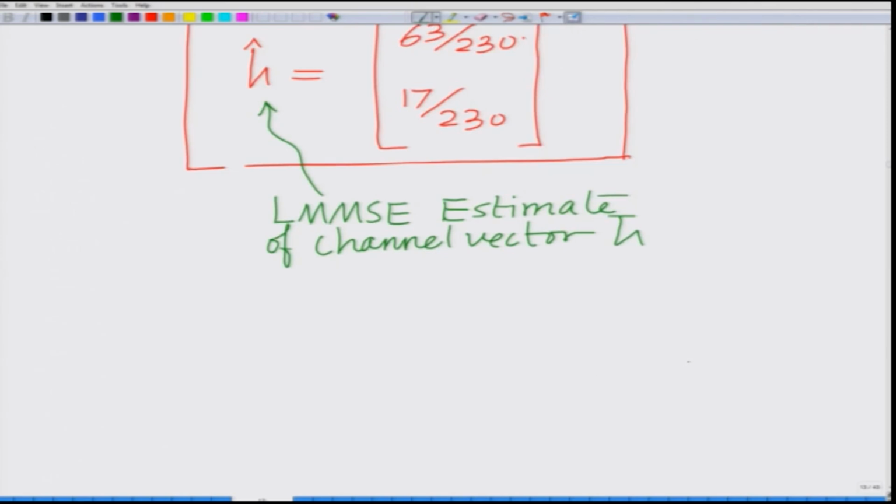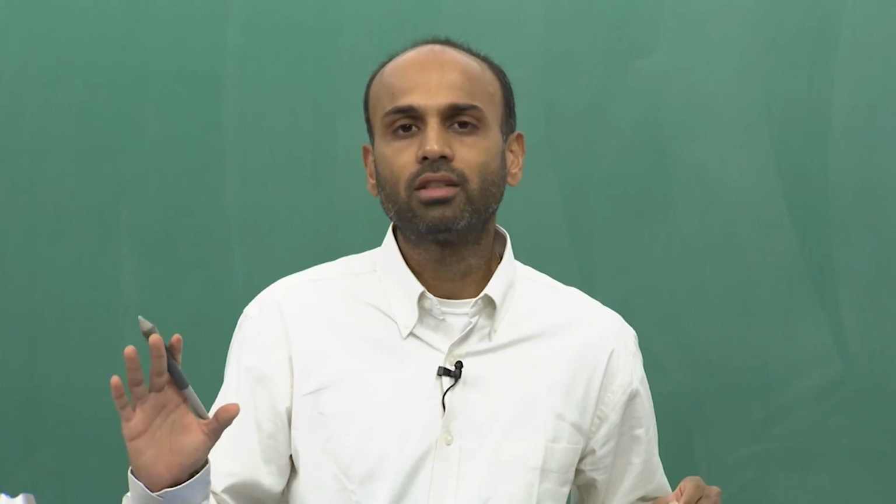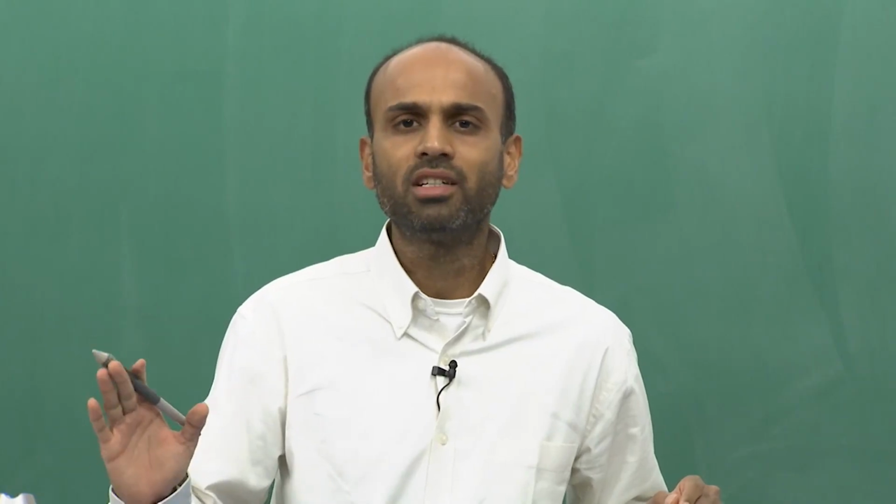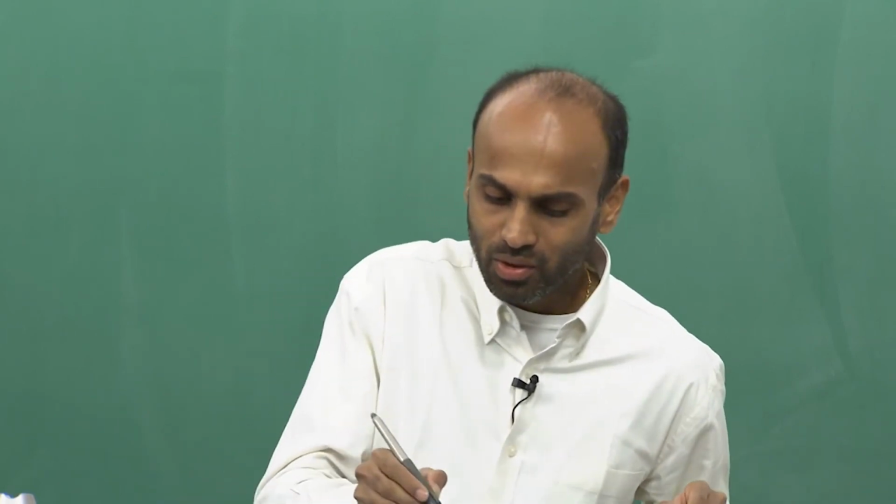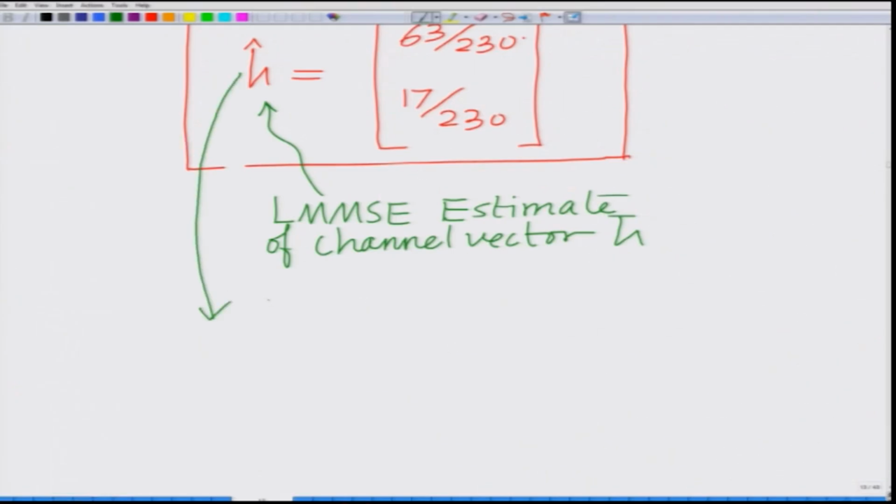Now if you look at this, h hat is the estimate of the channel vector h bar, which is a channel vector corresponding to 2 transmit antennas, therefore it has 2 components. So, h hat is basically of the form h1 hat, which is the estimate of channel coefficient 1, and h2 hat, which is the estimate of channel coefficient 2.